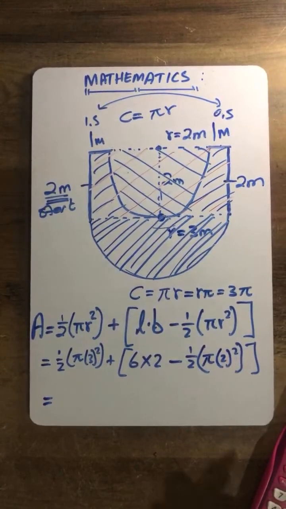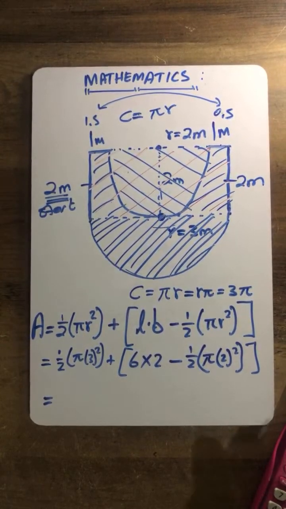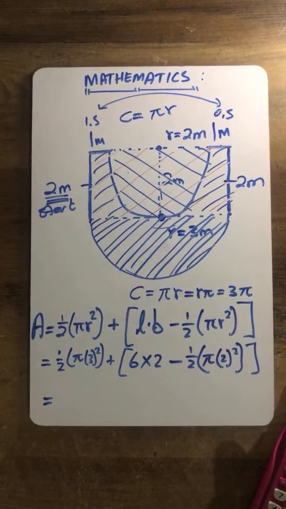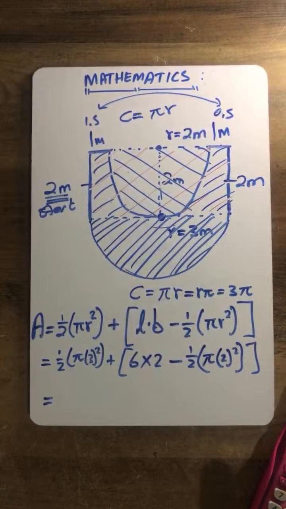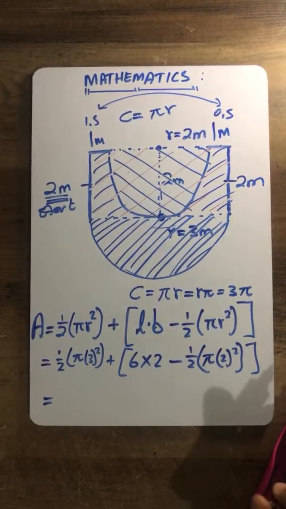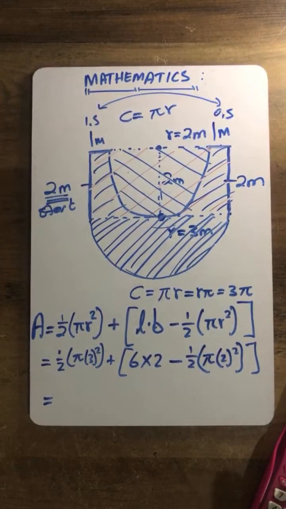So that means it's half into pi, and then you have 3 squared, plus 6 times 2, minus half of pi r squared.